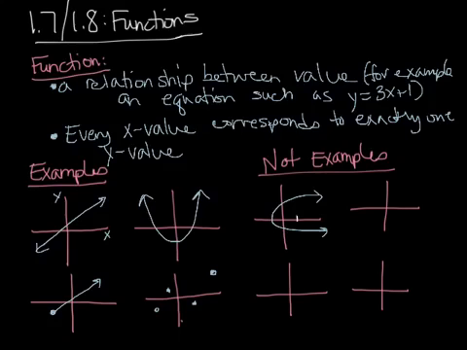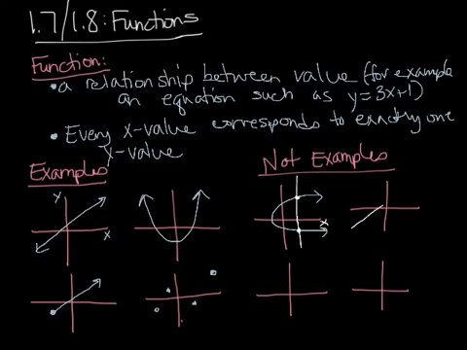But if you were to look, for example, right here, you'll notice at this value, you will have a y value up here at that x, and you will have a y value down there. So you'll find that it's anything where if you were to draw a vertical line through it, then you would hit more than one point. That would be what we call not a function.